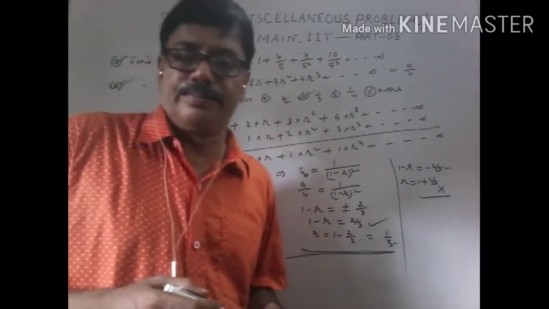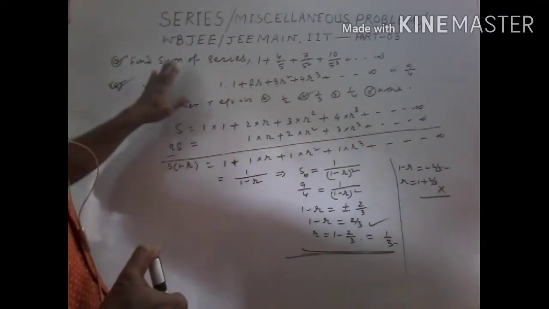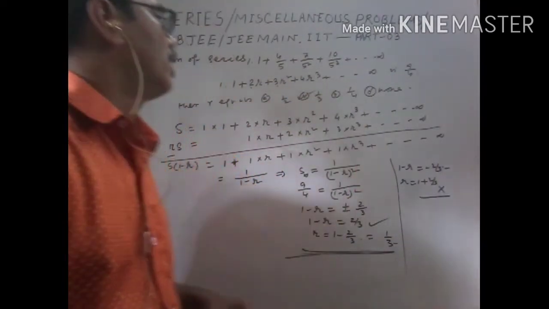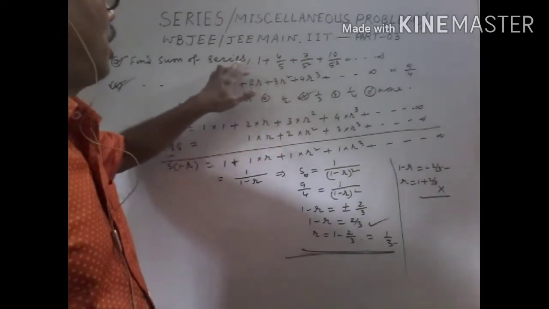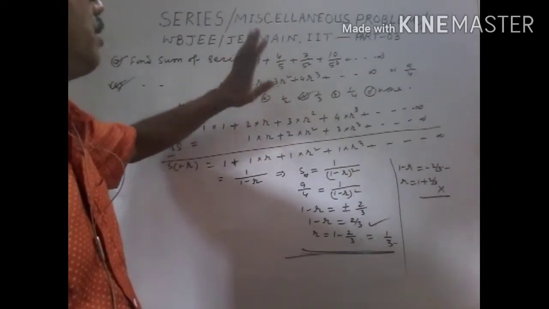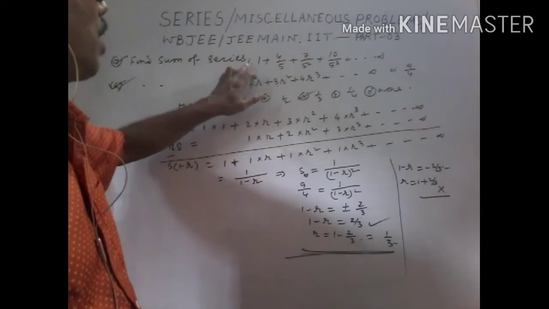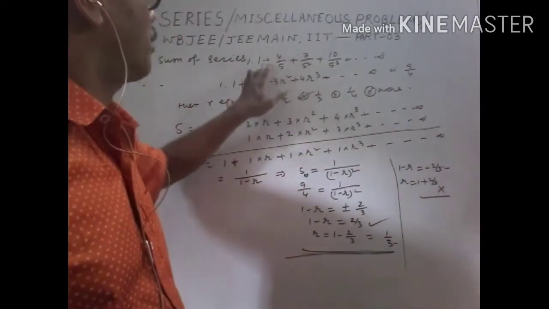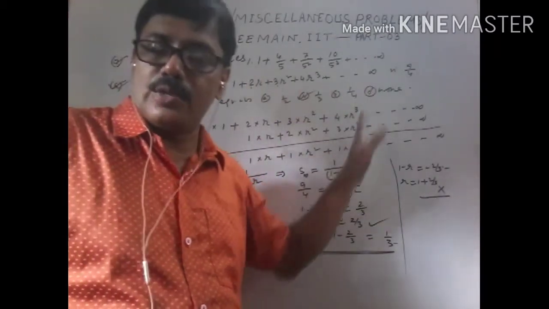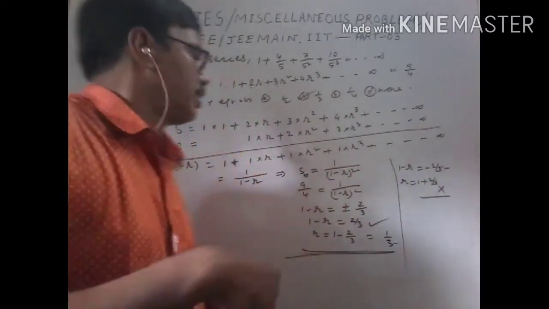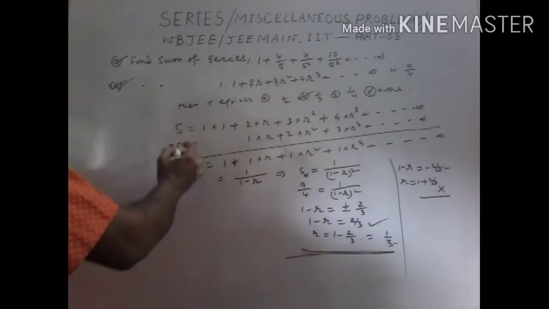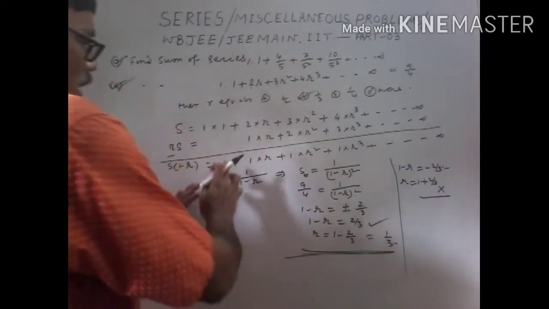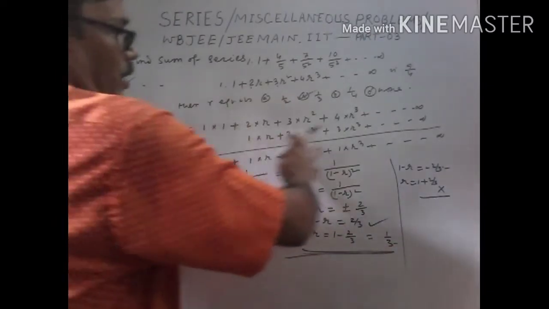Now look at it again. Find the sum of this infinite series, but it is an arithmetic geometric series. The first part forms AP and the second part forms GP. That is why it is an arithmetic geometric series. This is S, multiply S by the common ratio, writing it leaving one term.